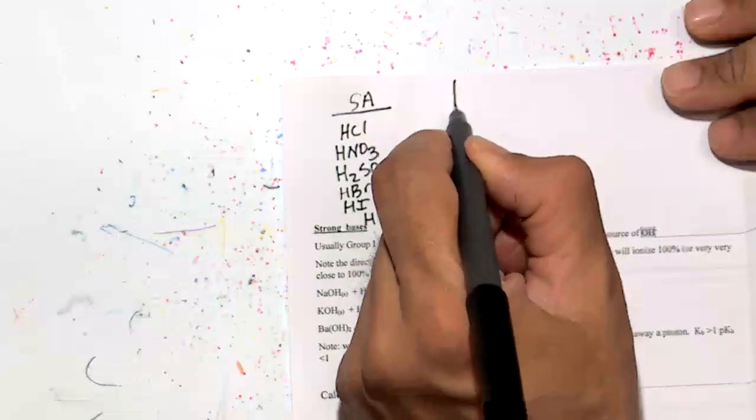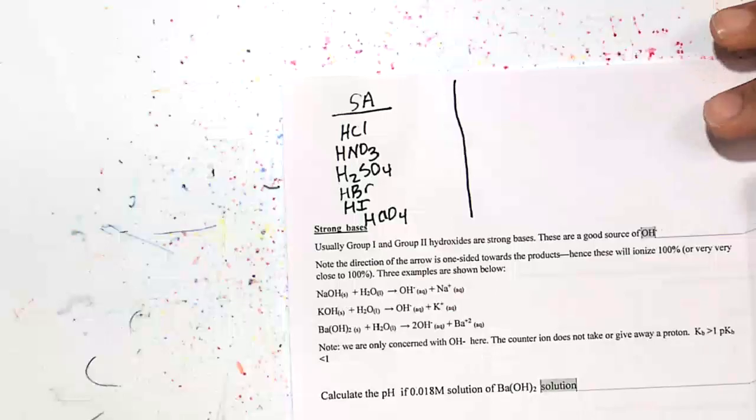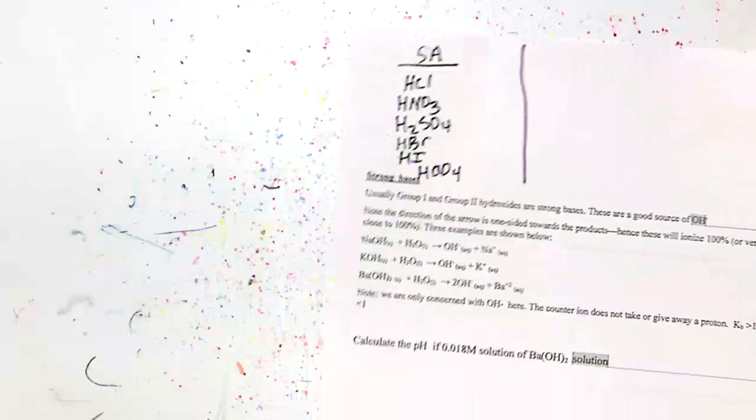So what did we say about these strong acids? 100% ionization. Plug to get the pH. No ice table.